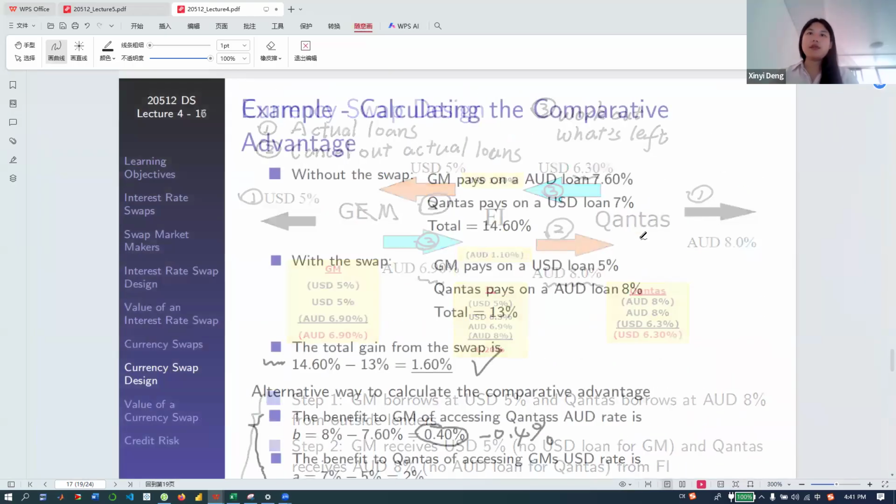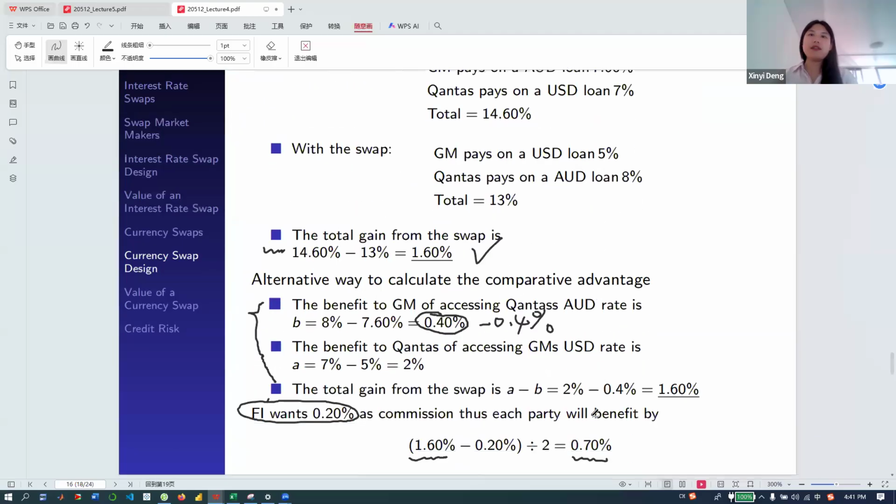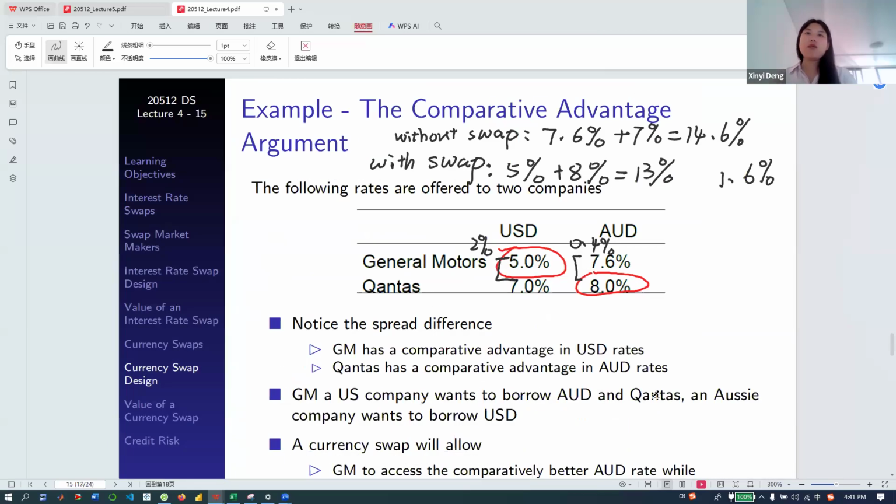So we already know that the net benefit for each party after the commission will be 0.7%. Also, without the swap, General Motors' AUD rate was 7.6%.